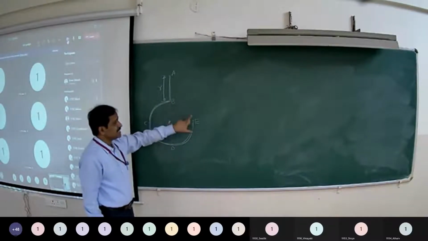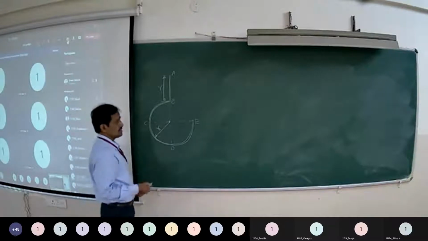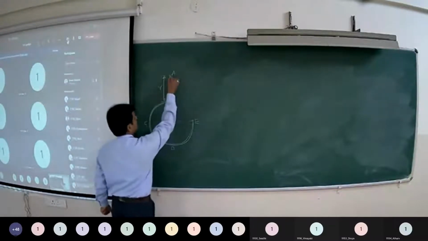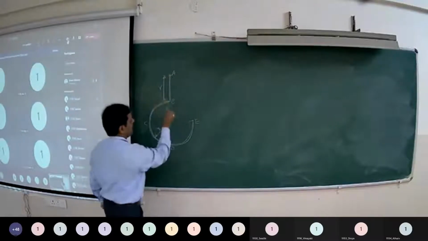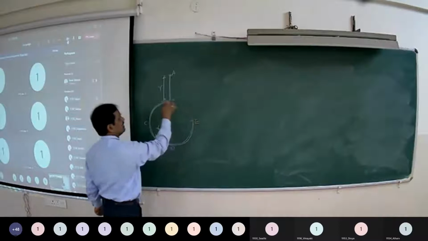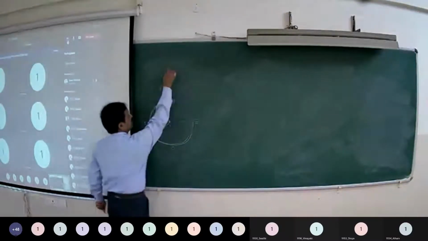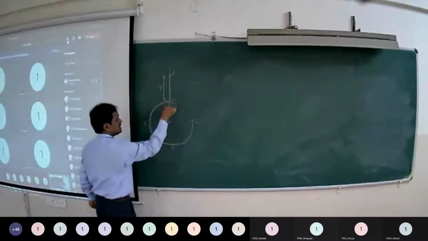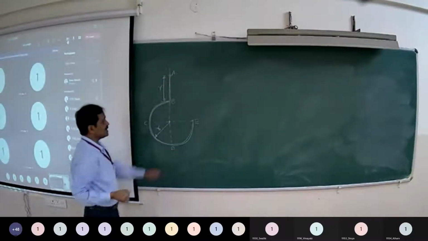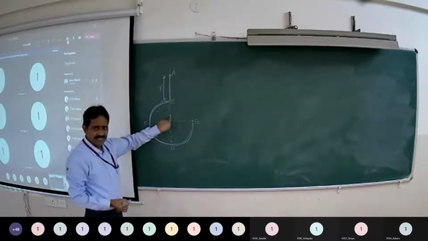But it is not a complete circle. Now suppose if it is suspended from point A and if this portion BE is there, it is a complete circle, then this bend is symmetrical about this vertical axis. So center of gravity will be located on the symmetrical axis, right?